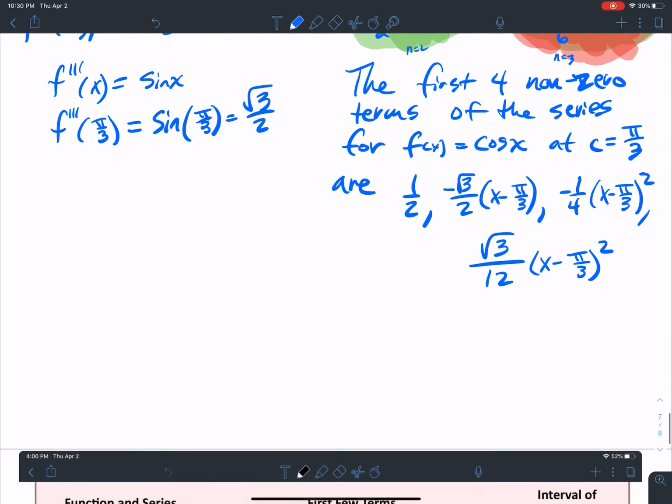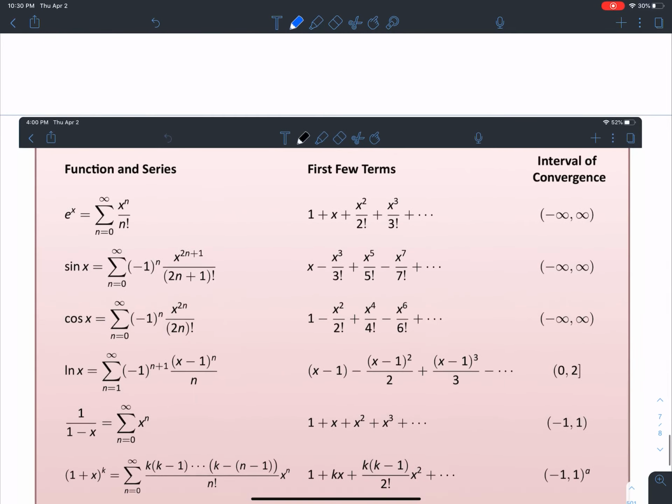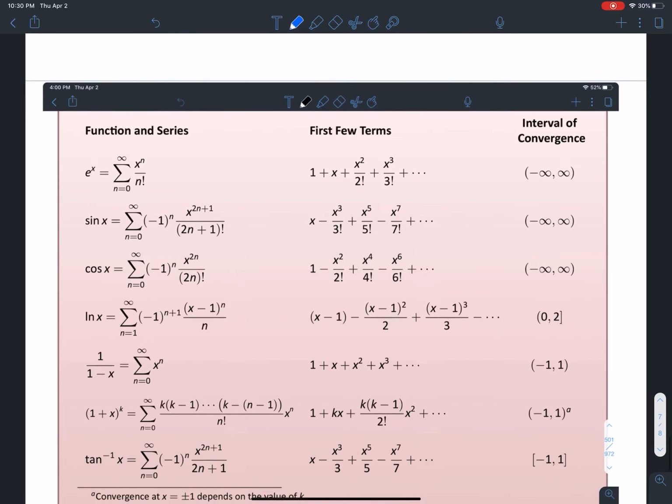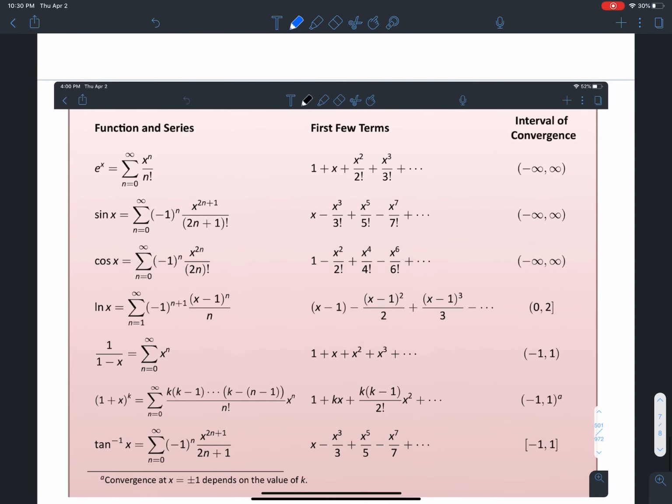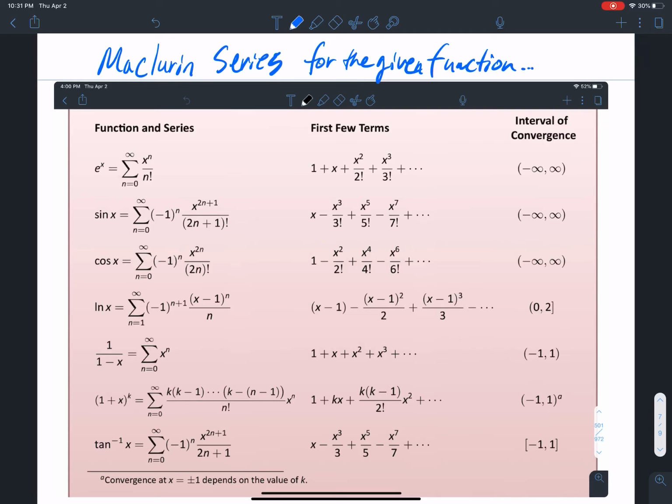And these are the Maclaurin series for the given function. Remember, that's where we're centered at c equal to 0. So c equals 0 for the Maclaurin series.